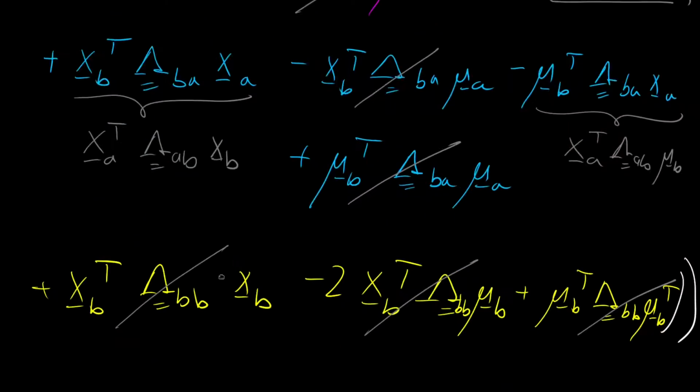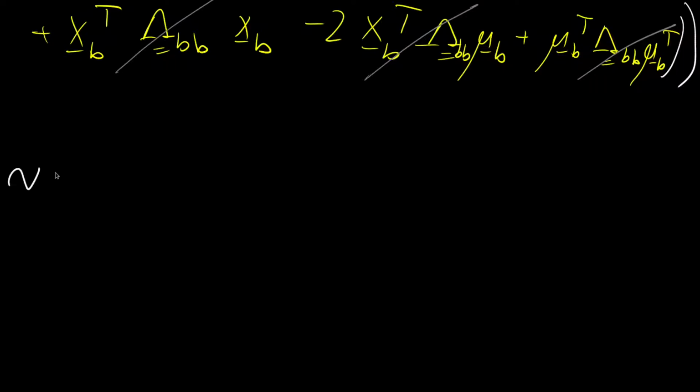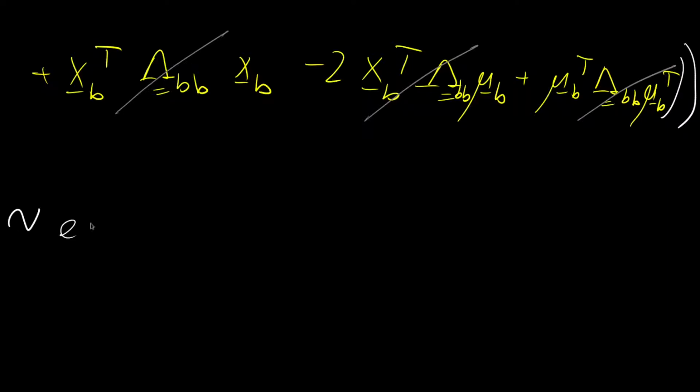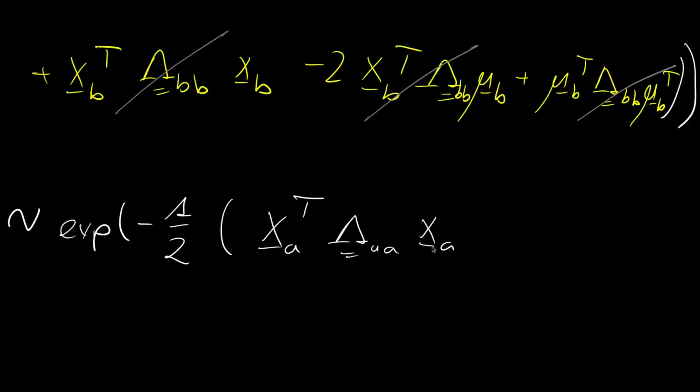Okay, then we have a lot of information here. Let's try to summarize it back down. And I have to use a proportional here because we deleted a lot of components. And this will be proportional to an exponential of -1/2 times, then we have our quadratic term in a with the x_a transpose lambda_aa x_a. Then we have -2 times x_a transpose lambda_aa mu_a. And this was from the quadratic term that we had up here.